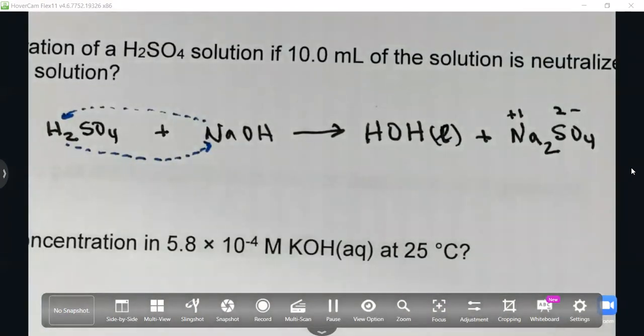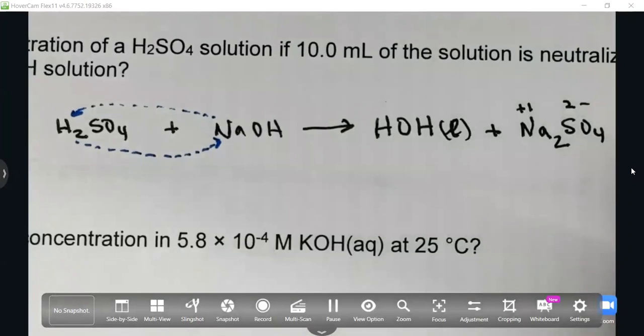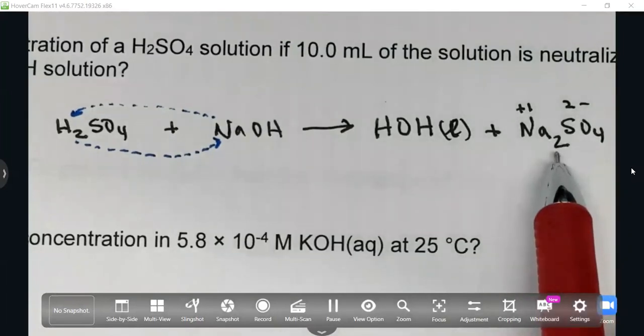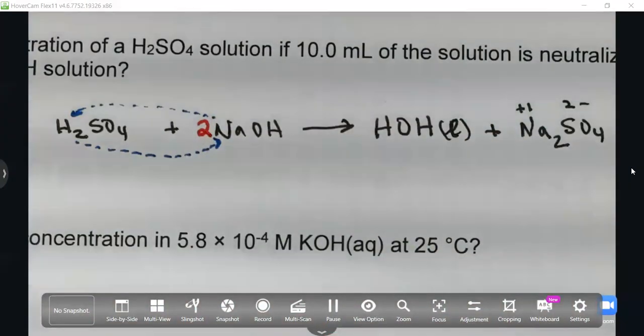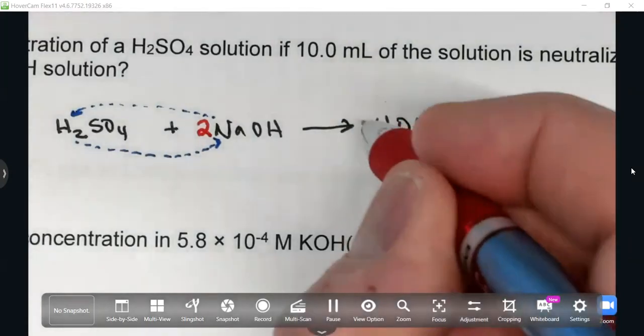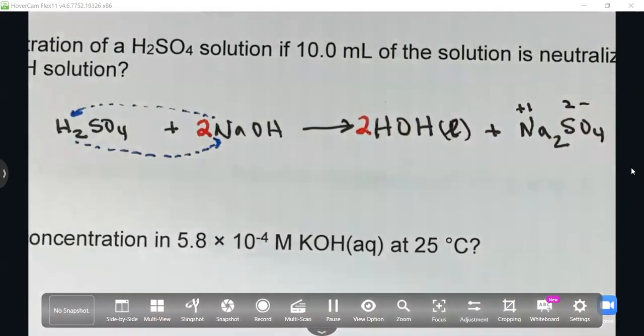And then we need to balance that with, we need 2 sodiums here, right? 2 sodiums and 2 waters, right?